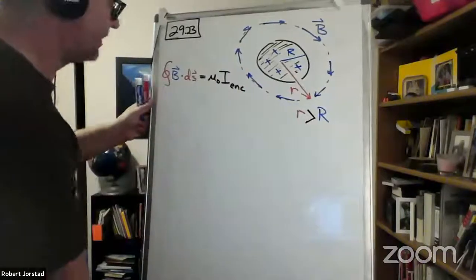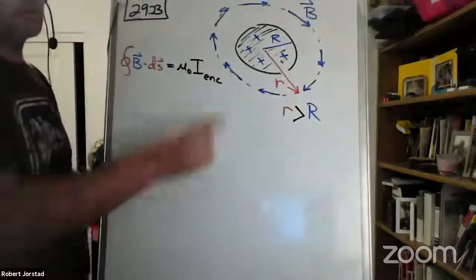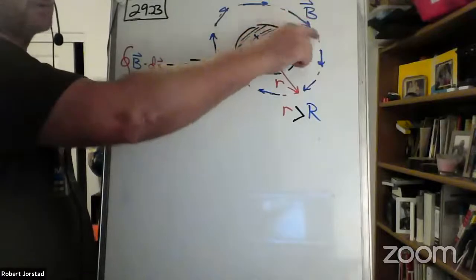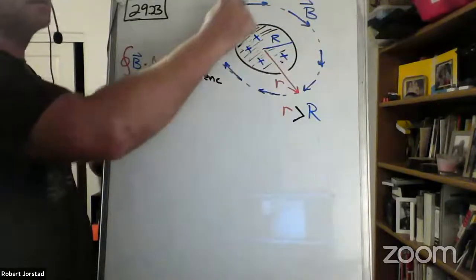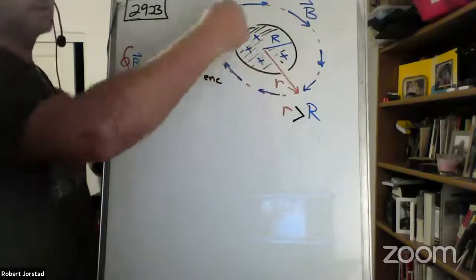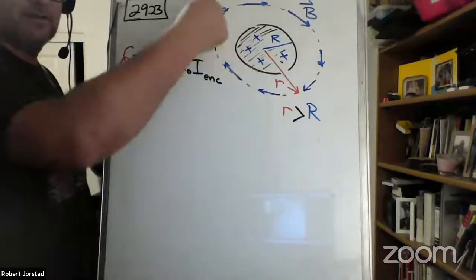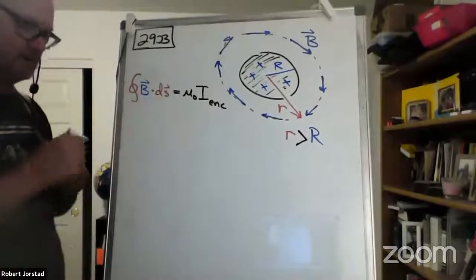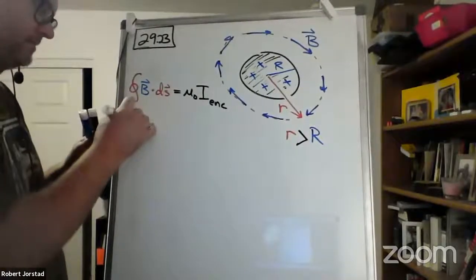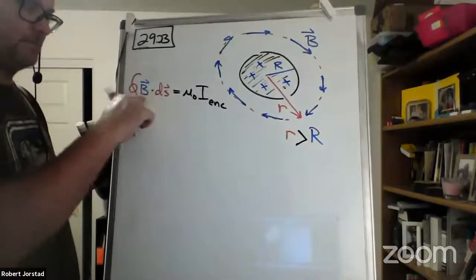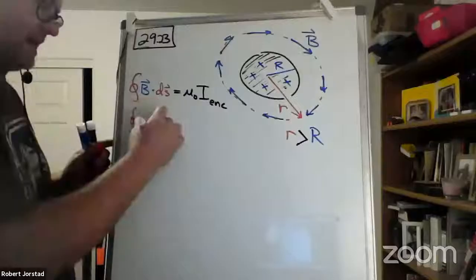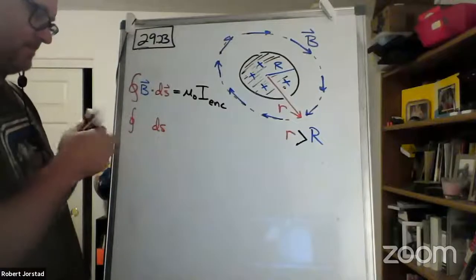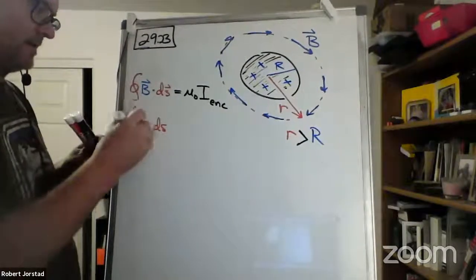Well, in this case, do you agree that B is always pointing the same way as ds? If you're going around this circle in this direction, they're always pointing the same way. What should happen to the dot product? It drops out. Yep. And so this just becomes straight B ds.